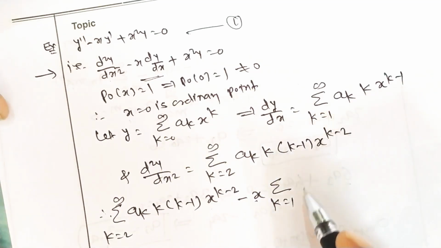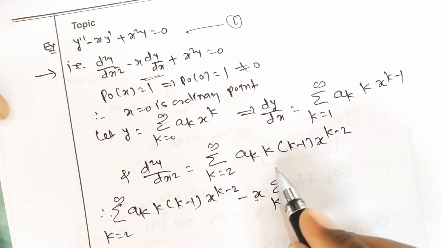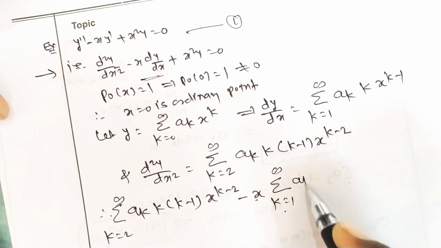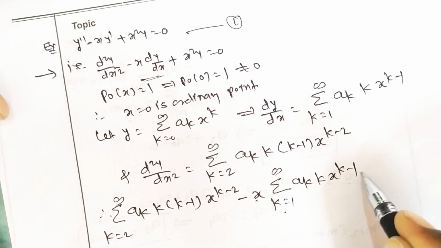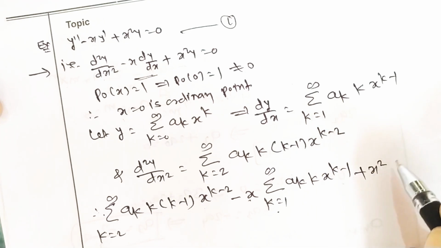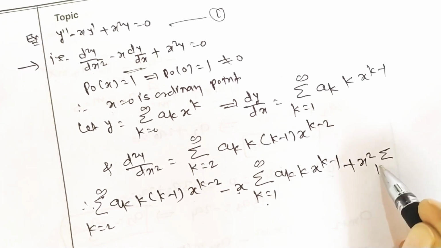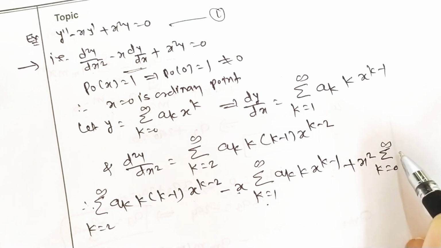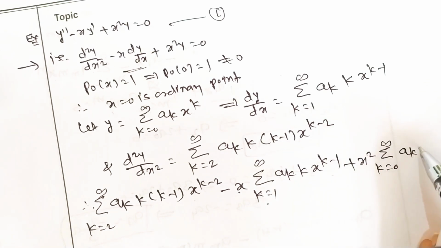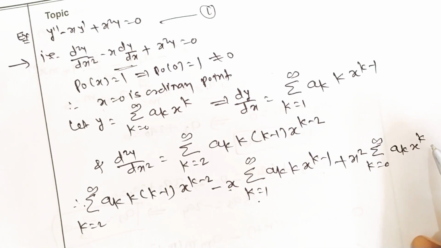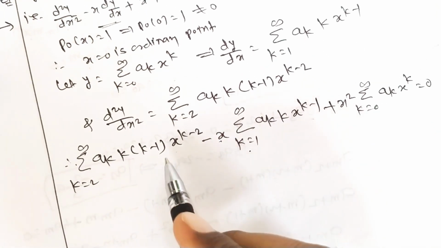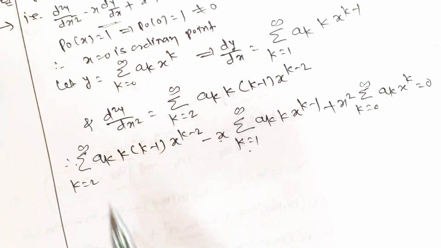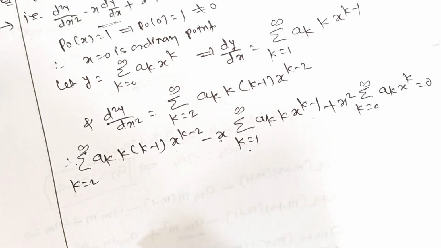The value of dy/dx is summation of k varies from 1 to infinity ak k x^(k−1), plus x² into y, which is summation of k starts from 0 to infinity ak x^k, equal to 0. So this is the power series of the given differential equation. Now using this we have to find the constants.